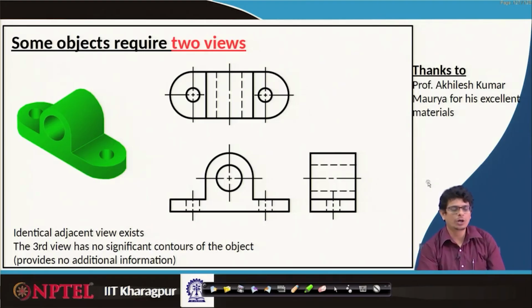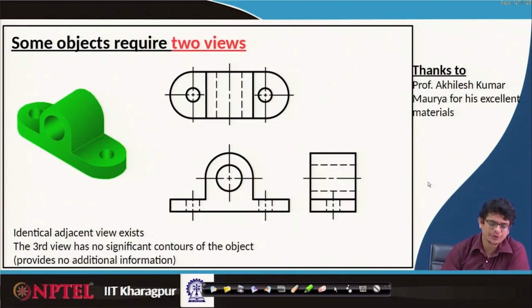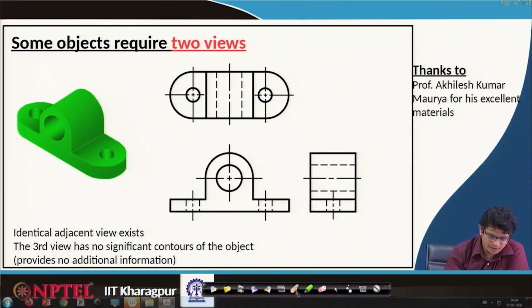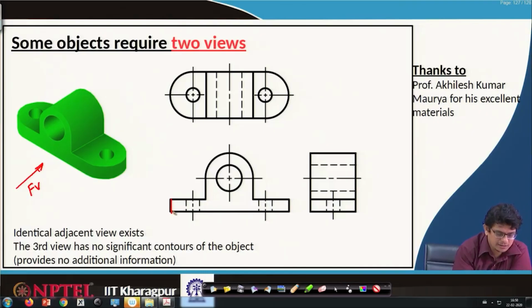Let us look at one more object to understand this view construction. Maximum dimensions, minimum hidden lines, this is the direction we should choose for front view. Then this entire thing turns out to be such kind of object. This circle corresponds to this circle and this curve corresponds to this one.